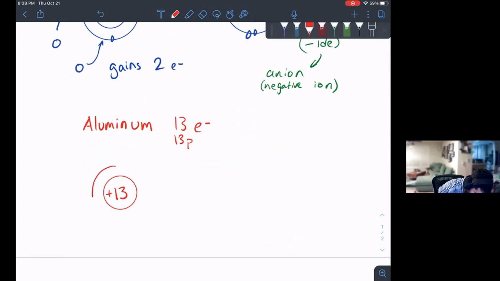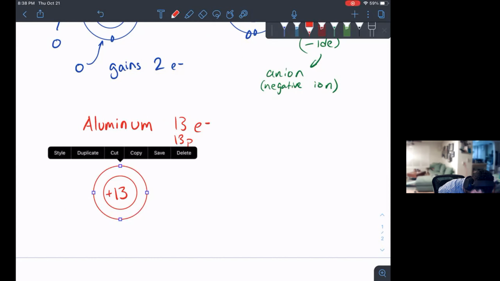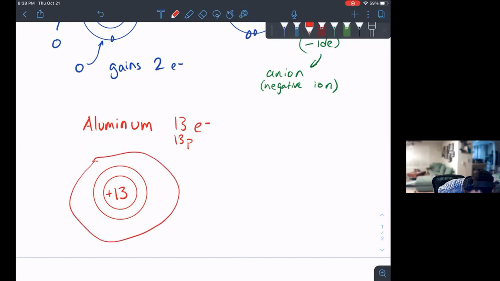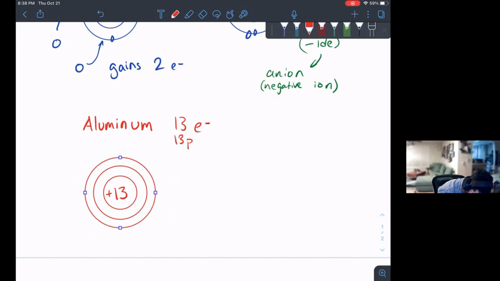And I know that aluminum being in the 3rd period will have 3 energy levels. And I'll go ahead and draw its electrons, 2 in the 1st ring, 8 in the 2nd ring, and 1, 2, 3 in the 3rd ring.